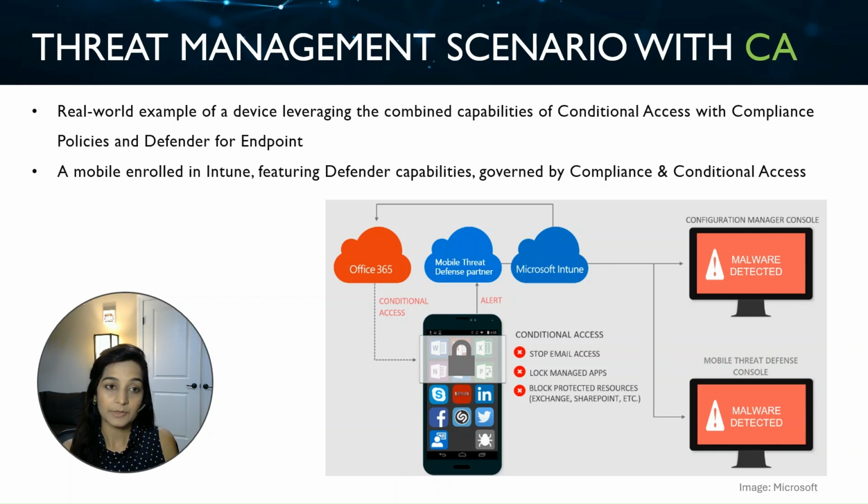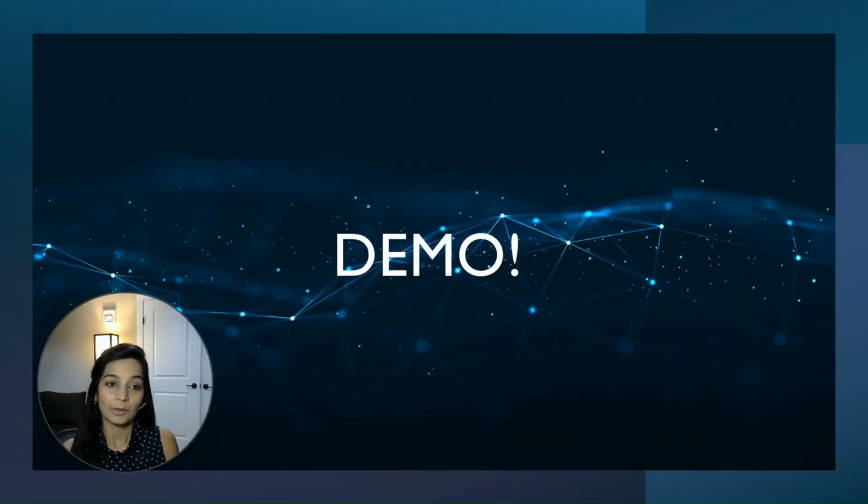The access to apps on this phone will only be granted back after the device is remediated, that is, after the malware is removed. Okay, with that, it is demo time. In the demo, we'll look into details of various aspects of conditional access policy configuration and setup, and then we'll resume back after the demo.